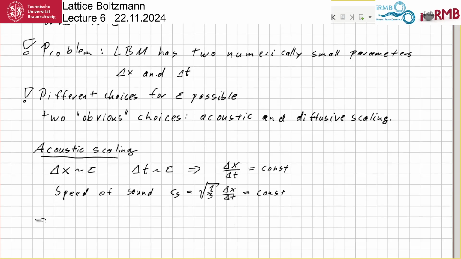Meaning that the speed of sound is invariant under scaling. And this, of course, is the reason why this is called acoustic scaling.